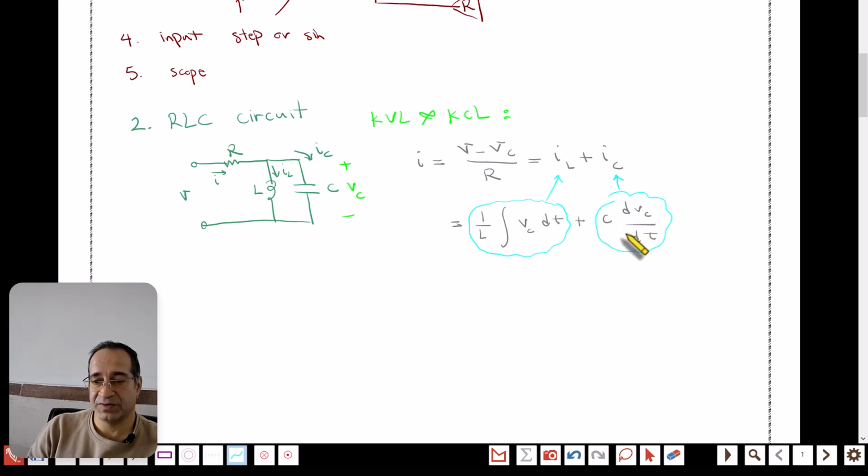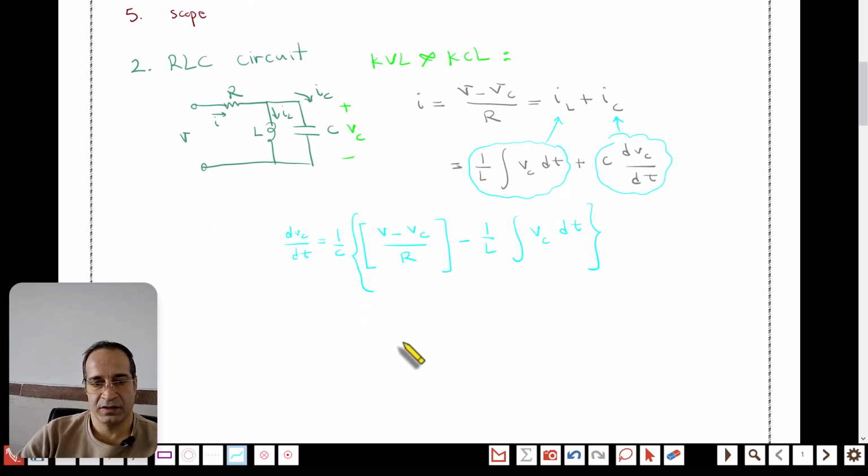The term that has a derivative in it, I can say that dVC over dt is 1 over C times (V minus VC over R, minus the 1 over L integral of VC dt), and close it here.